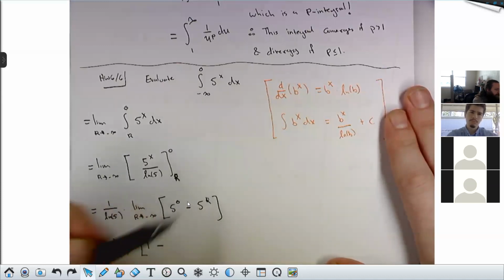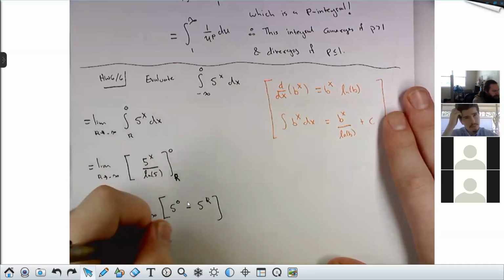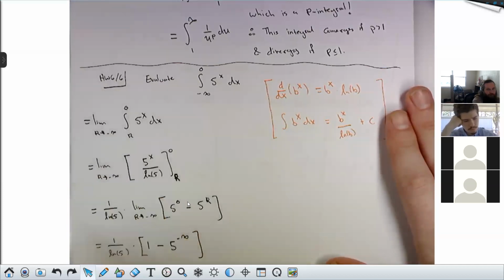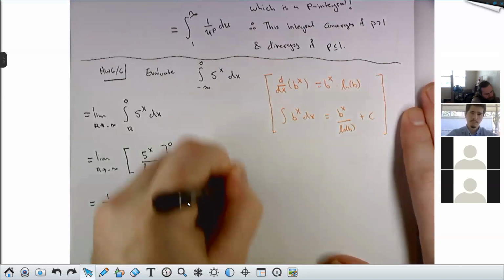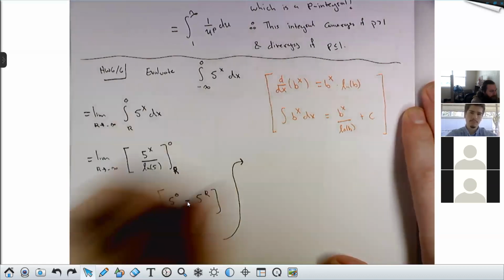What does 5 to the r do as r goes to negative infinity? What is 5 to the negative infinity? Zero. Yeah, good, it's 0.